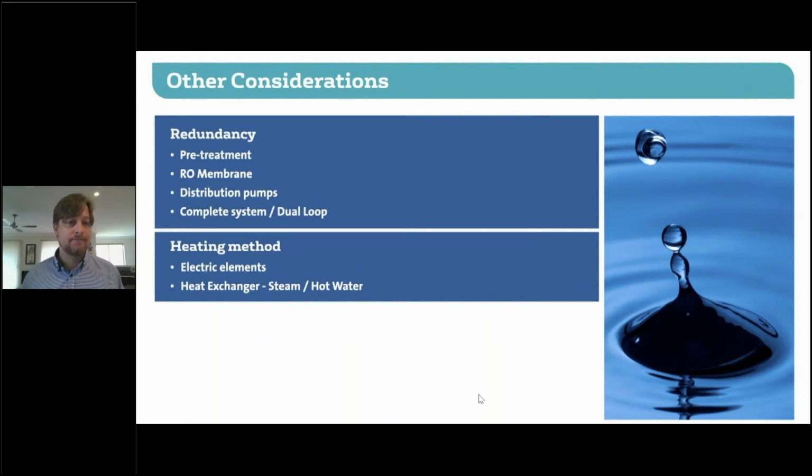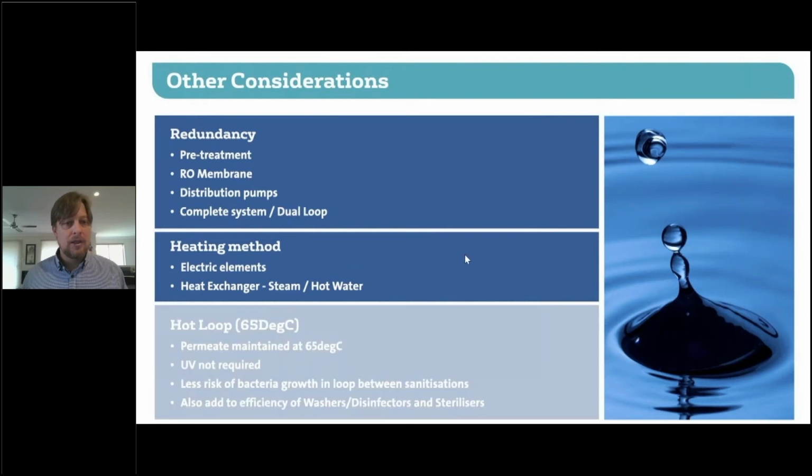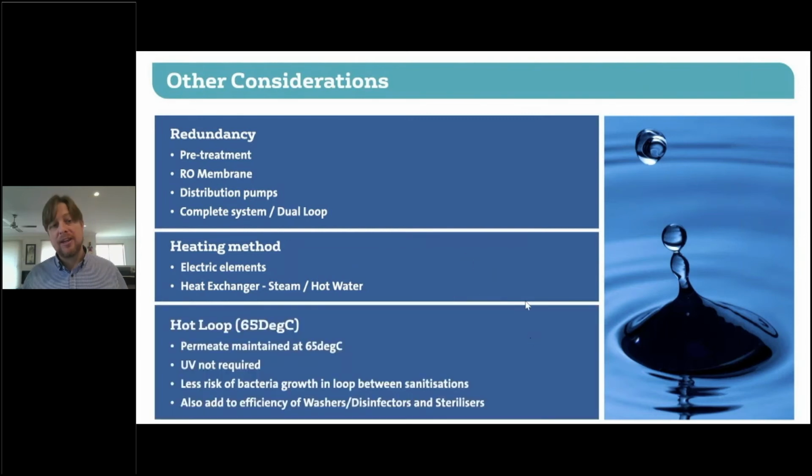So it can be a good option. And further to that, thinking about the temperature that we run the ring main at. So most ring mains run at ambient temperature, but you can run the ring main at what we call a hot loop, which is above 65 degrees C. We permanently maintain it at that temperature. So once you've got it to temperature, it doesn't cost a lot of energy to maintain it at temperature.